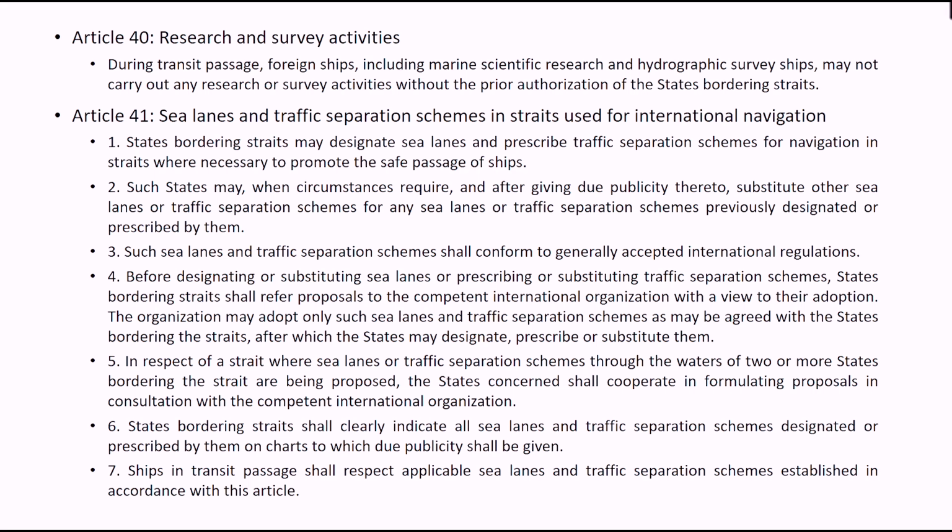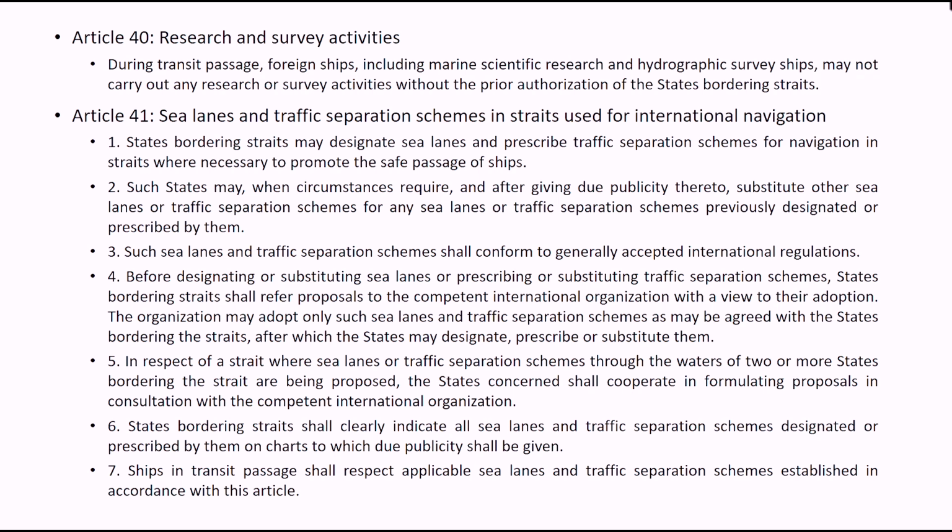Fifthly, in respect of a strait where sea lanes or traffic separation schemes through the waters of two or more states bordering the strait are being proposed, the states concerned shall cooperate in formulating proposals in consultation with the competent international organization, which could, for all practical purposes, be the International Maritime Organization.